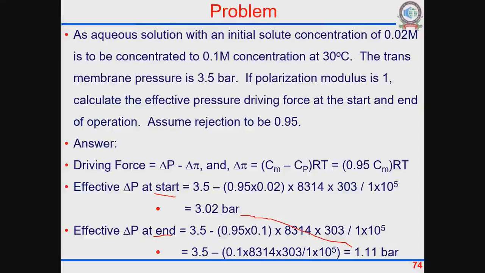Or if we are having a membrane where there is a plug flow of the feed, from the start of the module to the end of the module, the effective pressure difference will change from 3.02 bar to 1.11 bar.